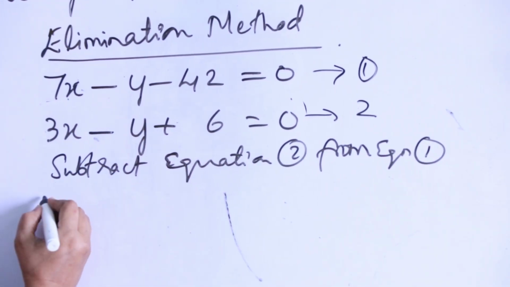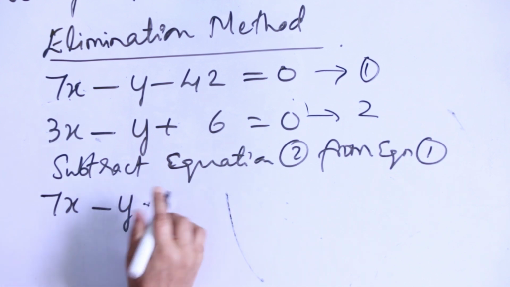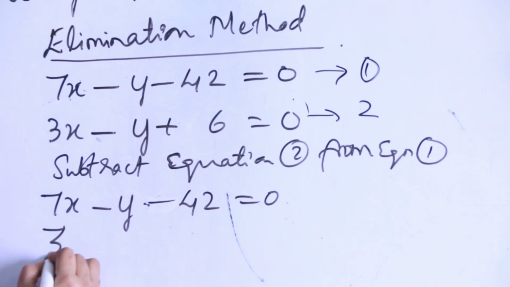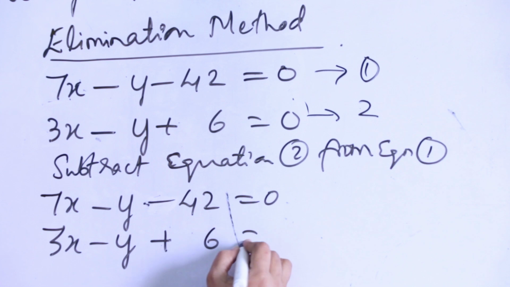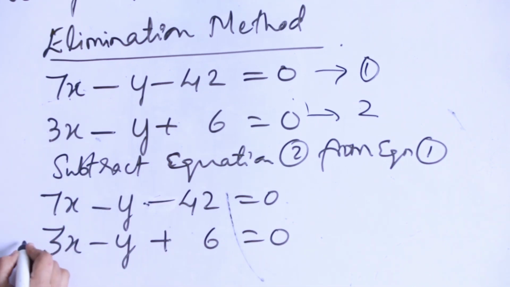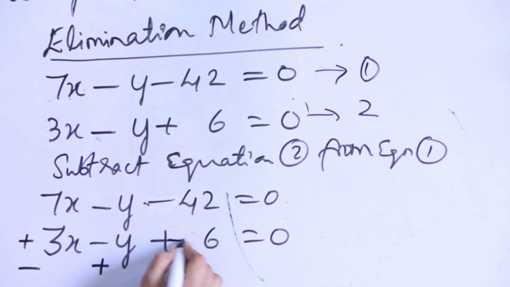So what do we get? 7x minus y minus 42 equals 0. 3x minus y plus 6 equals 0. And here when you subtract, the sign changes. Plus 3x becomes minus 3x. Minus y becomes plus y. Plus 6 becomes minus 6.